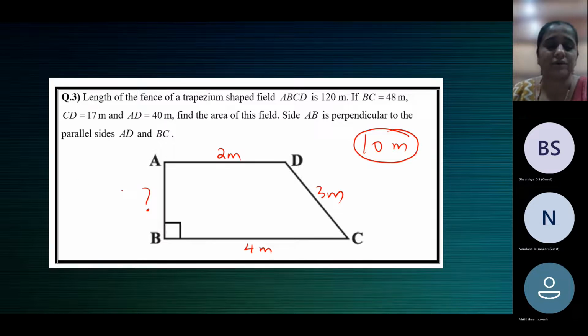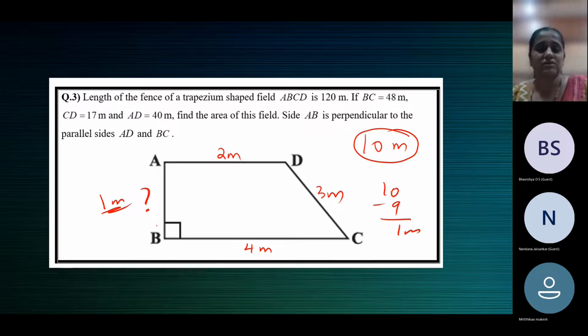AB plus BC plus CD plus AD is 10 meters. Now, what is 4 plus 3? 7. 7 plus 2, 9. So 10 minus 9, 1 meter will be the length of this side.